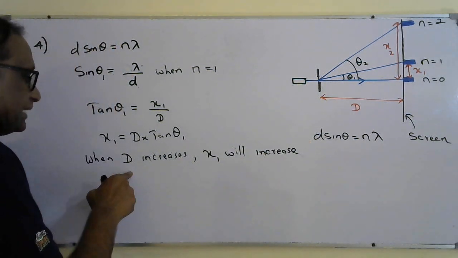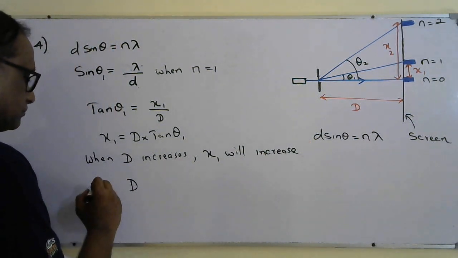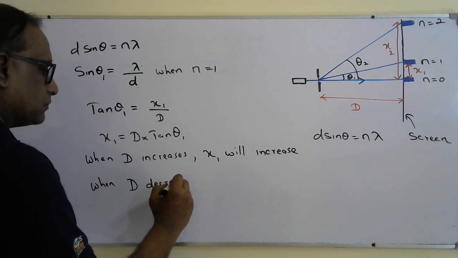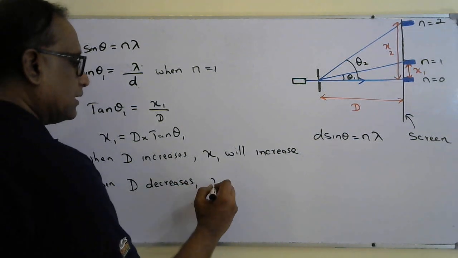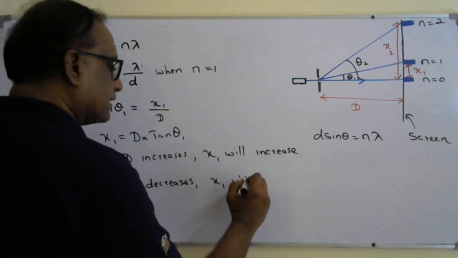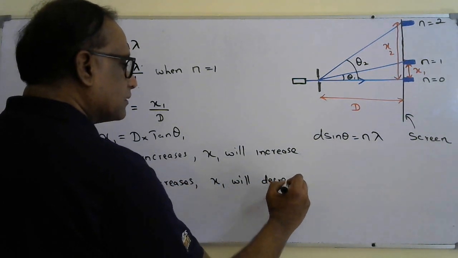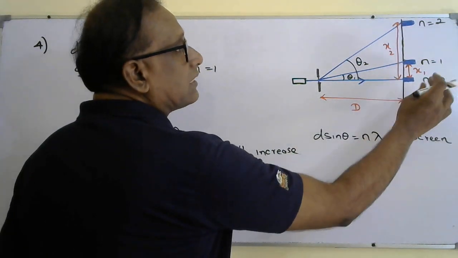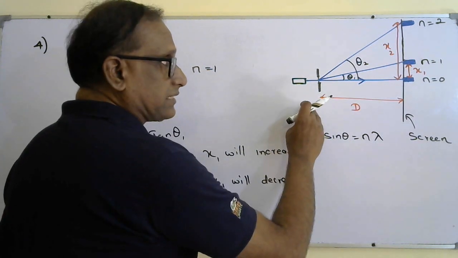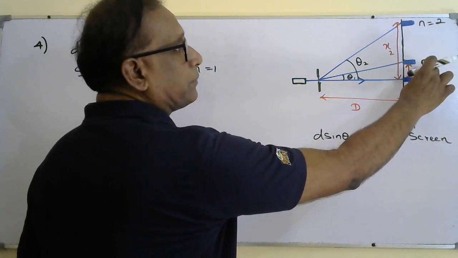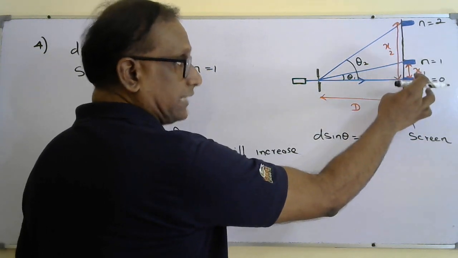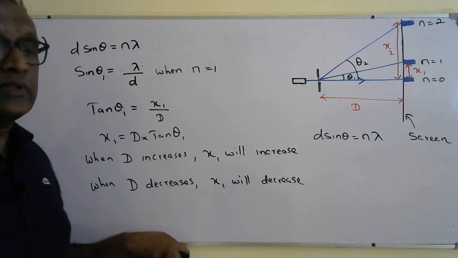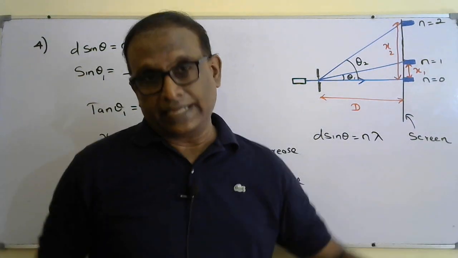In the same way, when D decreases, x1 will decrease. So when you increase the distance of the screen from the diffraction grating, the distance of the first order bright band from the 0th order will increase. The same way, the distance of the second order bright band from the 0th order also will increase.